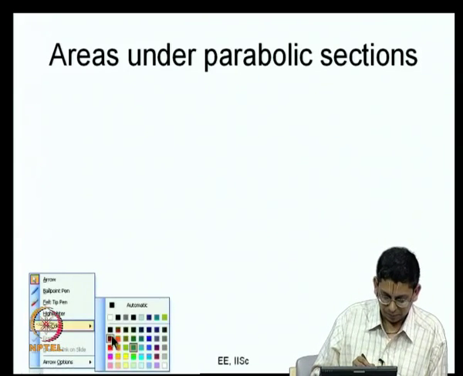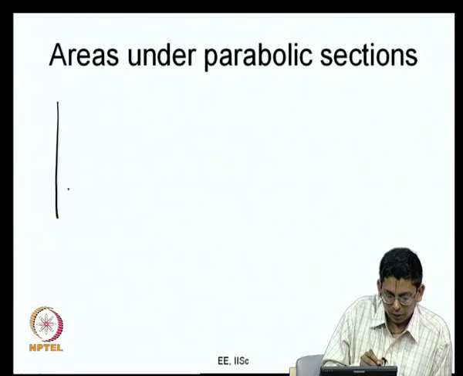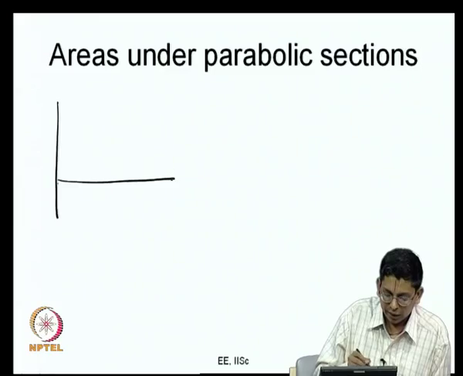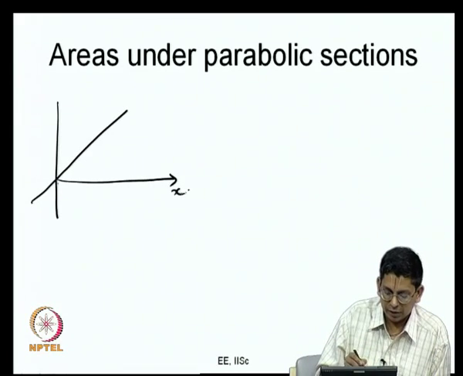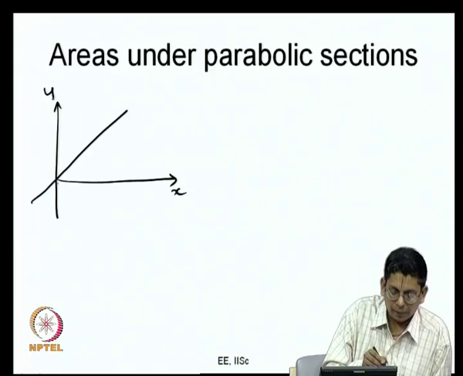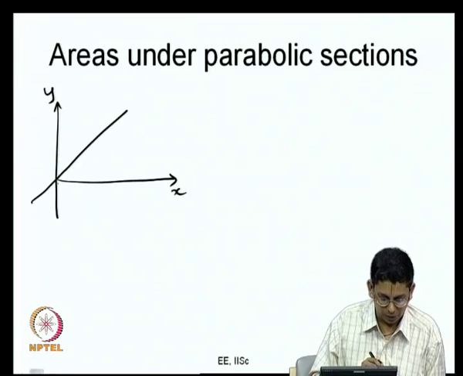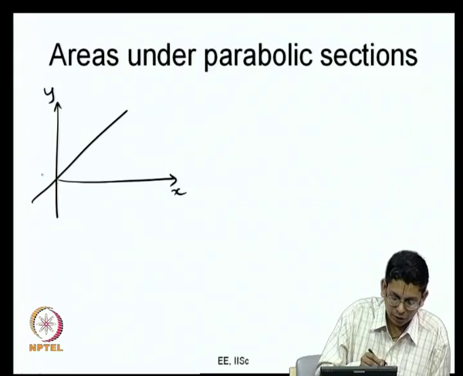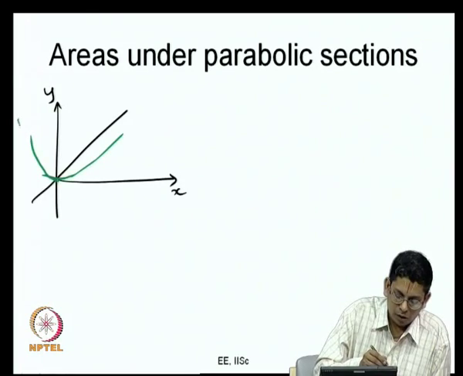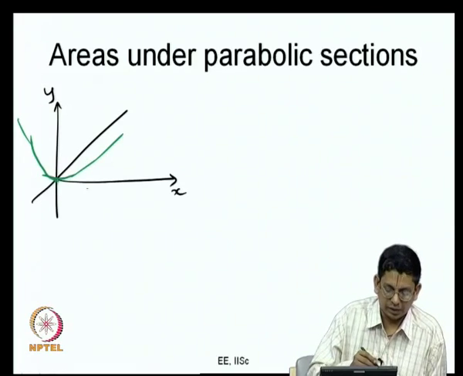So, let us say you have a straight line like this, which passes through the origin. This is x, this is y. If you square this line, what happens? You will get a parabola which is symmetric on both sides of the x axis.